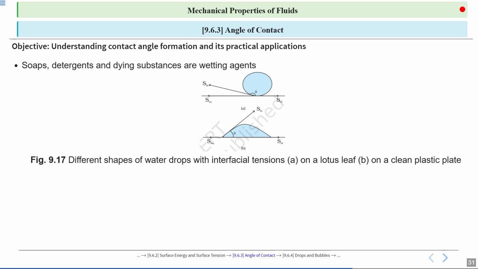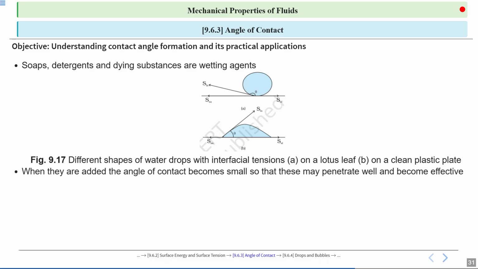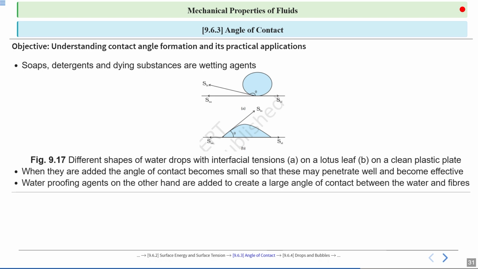On the lotus leaf, the water beads up, showing a large contact angle, while on the plastic plate, it spreads more, showing a smaller angle. When wetting agents are added, the angle of contact becomes small so that they may penetrate well and become effective. Waterproofing agents, on the other hand, are added to create a large angle of contact between the water and fibers.